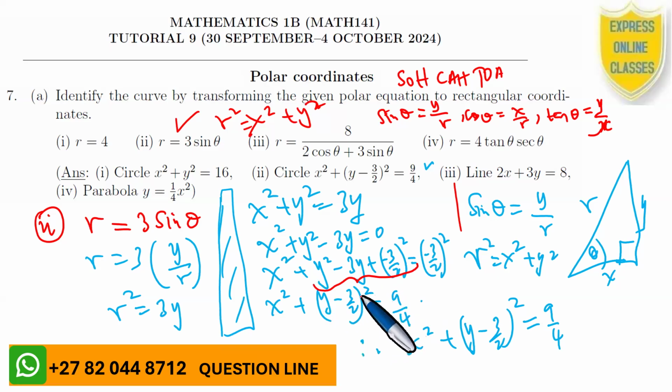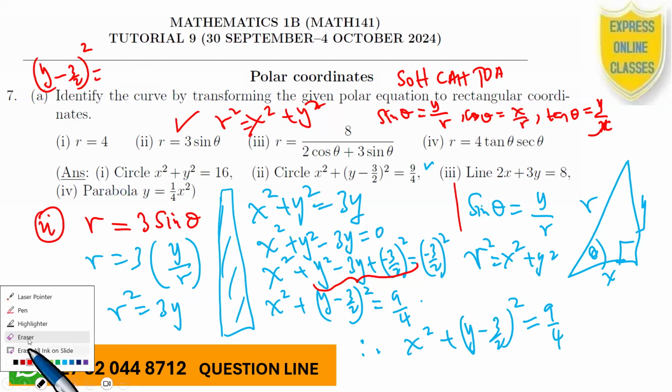Because when you expand this, it produces three terms. When you have y minus 3 over 2 squared, you say y squared, then y times minus 3 over 2 times 2, in the same way as the law of squaring.